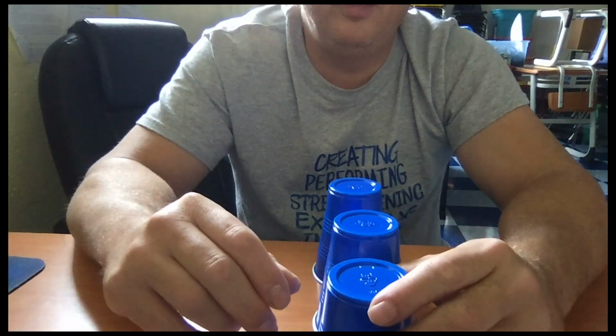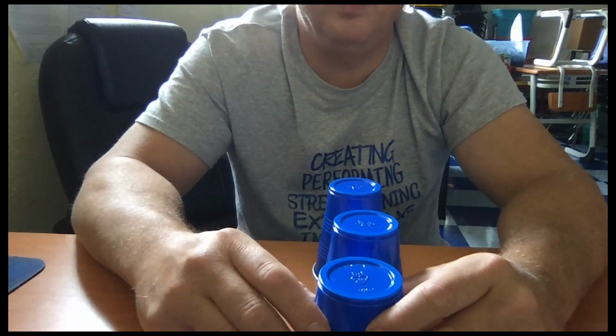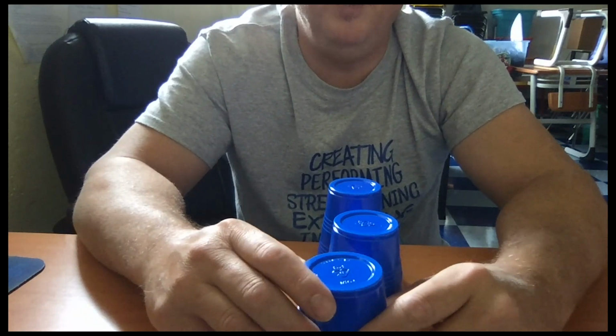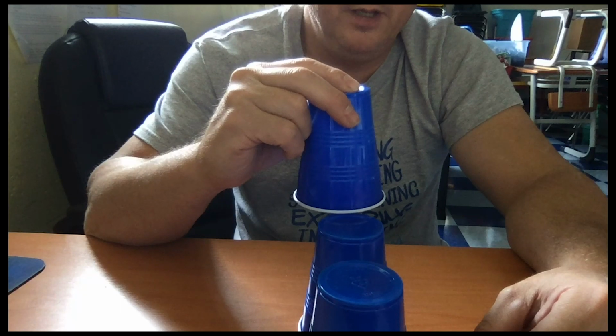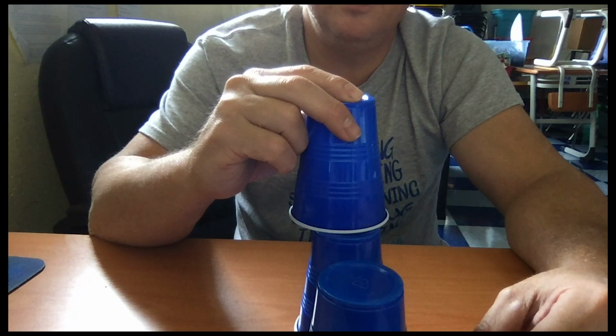The third symbol that we're going to talk about is the move forward and move backwards function. That means if you press, or write for your coding, a right arrow, you're going to go halfway, or 1/2 cup length, which means like this.